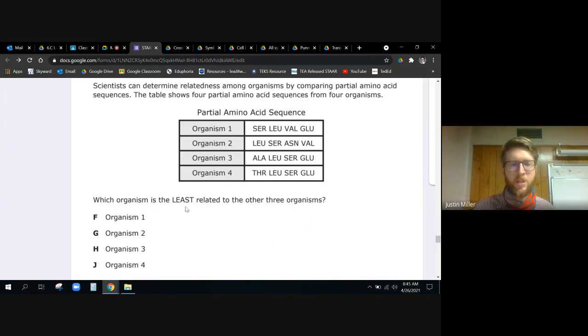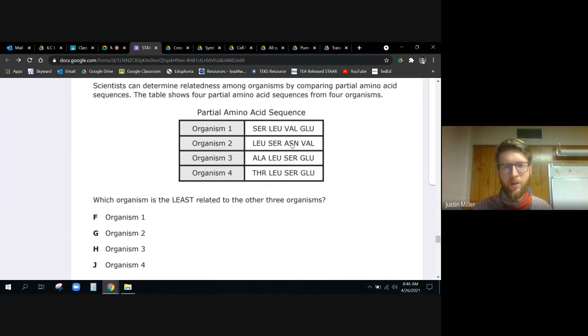So which organism is the least related to the other 3? In other words, which organism has the amino acids that make up the protein that are more different from the other 3? So we want the sequence to be the same. So let's look at the first one. In organism 1, we have none of them have the first amino acid in common. Let's look at the second one. 1, 3, and 4 have the second amino acid in common.